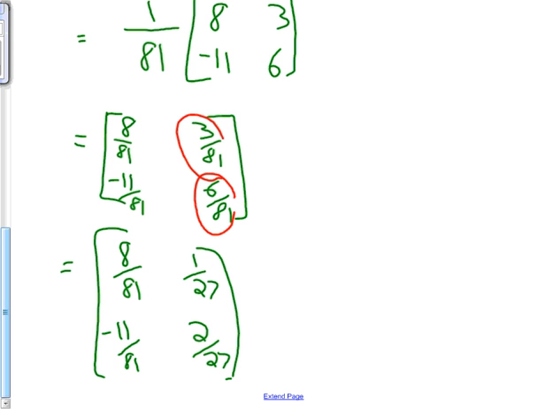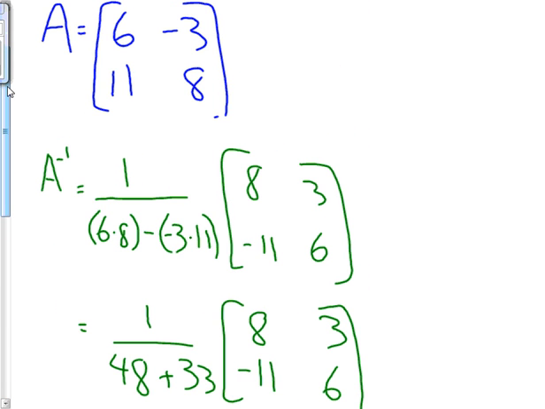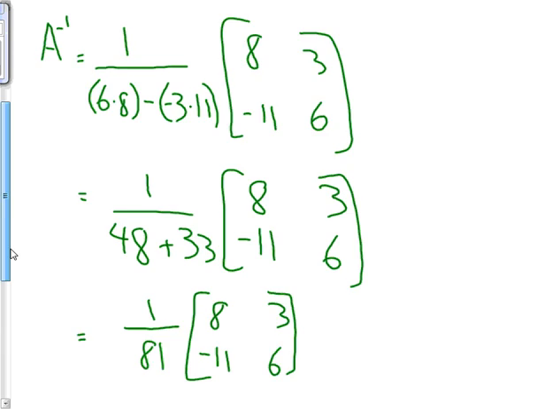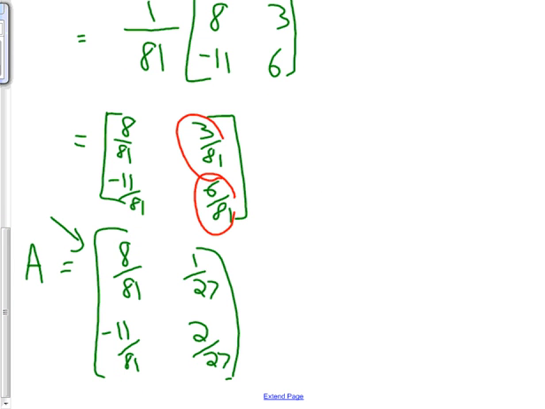Now if we multiply this matrix by the original matrix, that's what happened. We just found the inverse. So this is our original matrix, and all the way down here, we found the inverse of it. If you multiply the first matrix by the inverse, you'll get the identity.